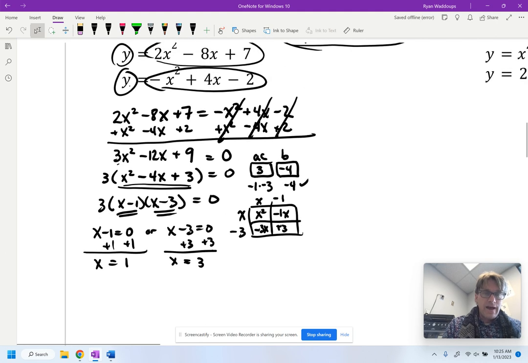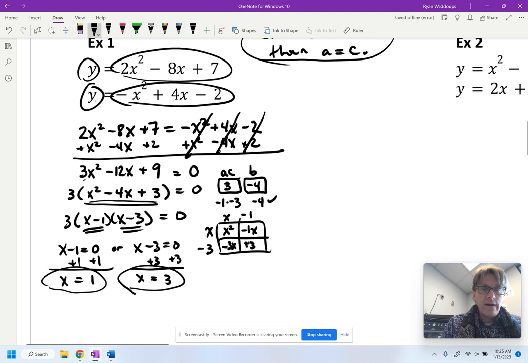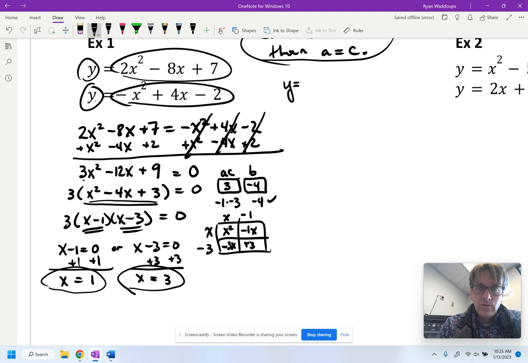We then have to go back to either one of these equations and put in x equal to 1 and x equal to 3 to find the corresponding y values. So let's put it in the top number here. Let's say just because that's what I chose. Y equals, and I'm going to do x equals 1 first. X equals 1.